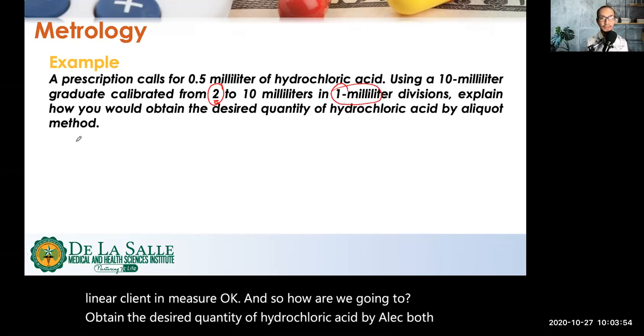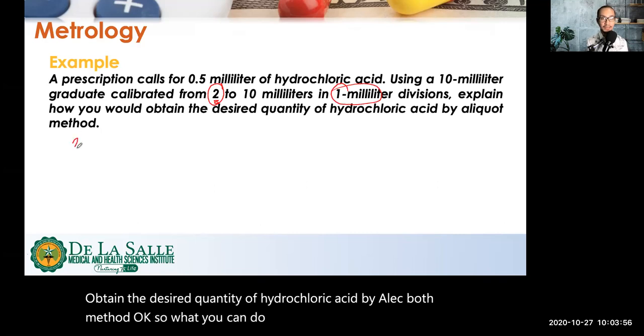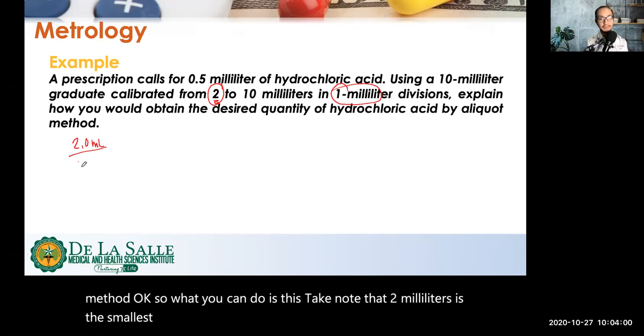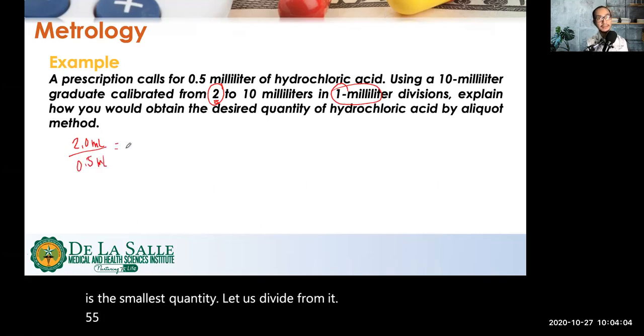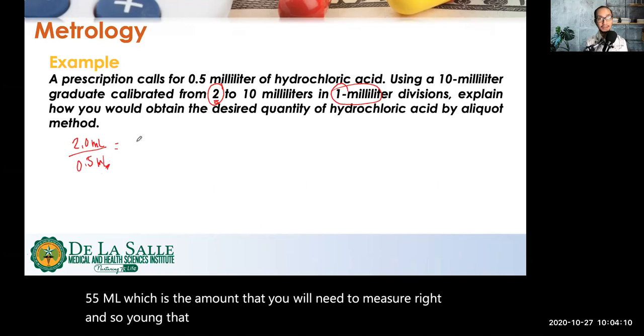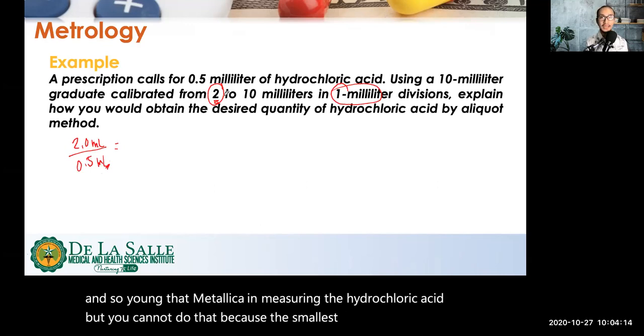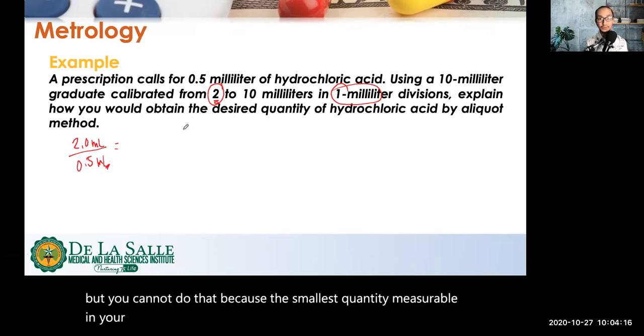Okay? And so, what you can do is this. Take note that 2 milliliters is the smallest quantity. Let us divide from it 0.5 milliliter, which is the amount that you will need to measure. Okay? Ayan. So, yan yung dapat mo talagang i-measure na hydrochloric acid. But you cannot do that because the smallest quantity measurable in your graduated cylinder is 2 ml.